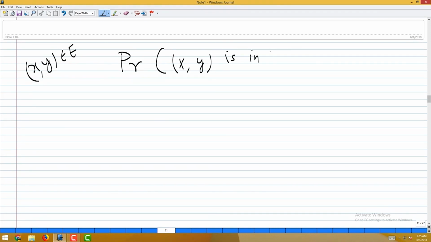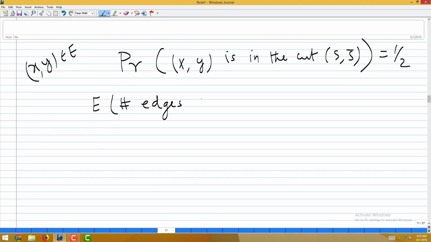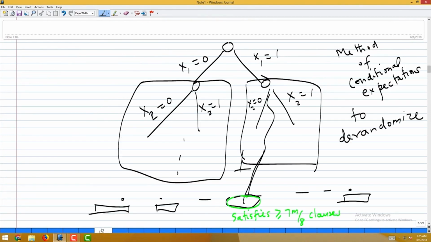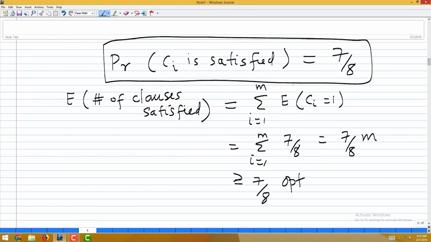So, the expected number of edges in the cut S S bar is the number of edges by 2. Linearity of expectation, exactly the way we did it. Expected value that Ci equal to 1, run it over all edges, and each one of these is half.